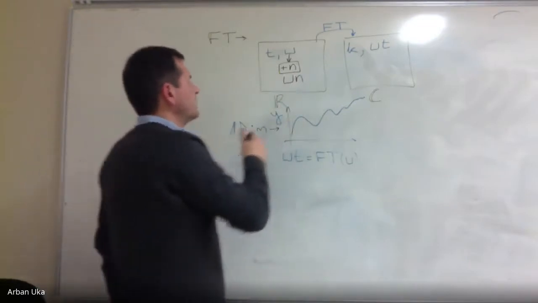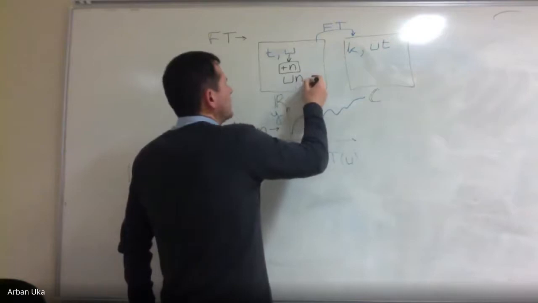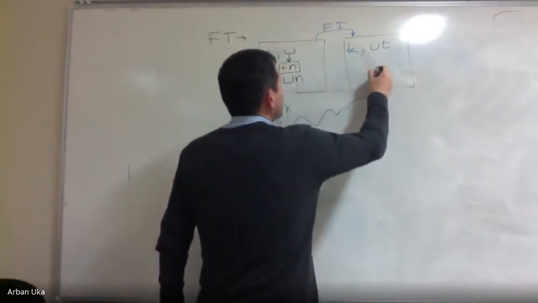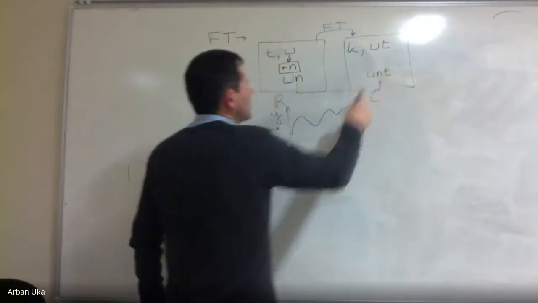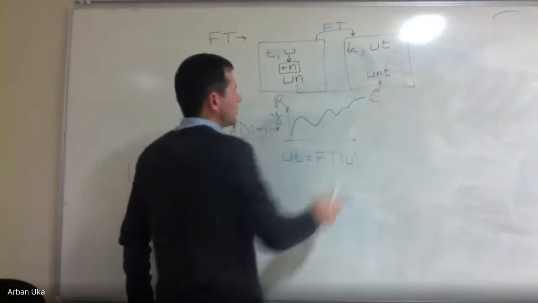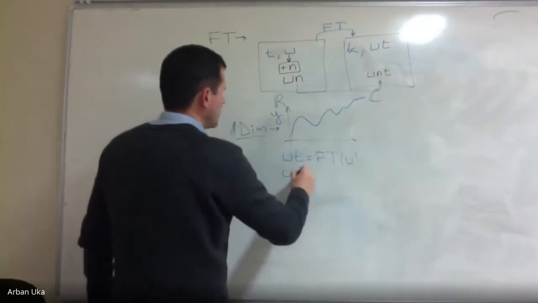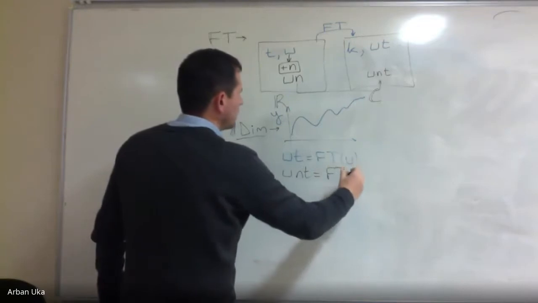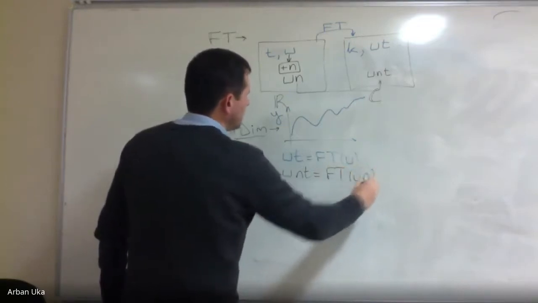Similarly, now with this Un we can take the Fourier transform, go this way, and get the UNT. So this UNT would be the signal with noise, then Fourier transformed. We can write UNT equal to the Fourier transform of UN.